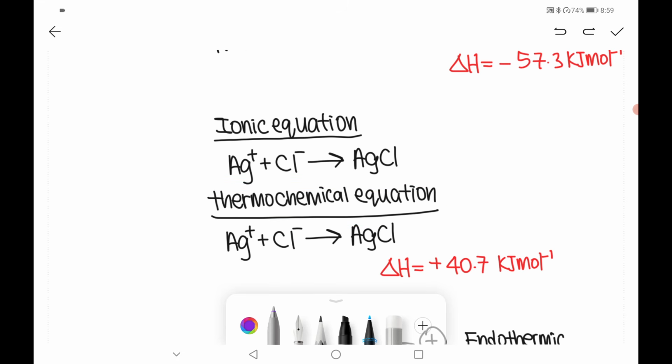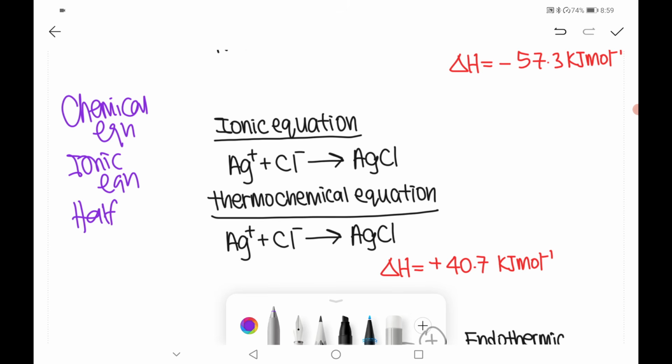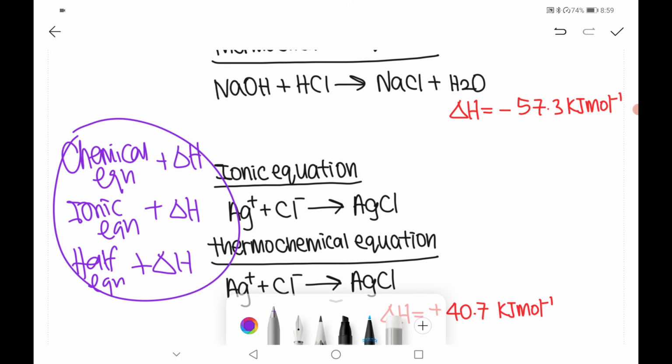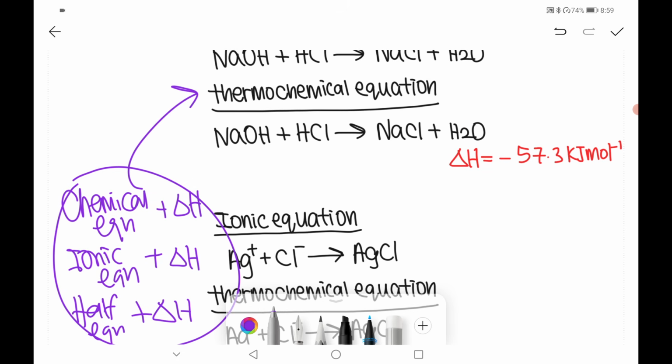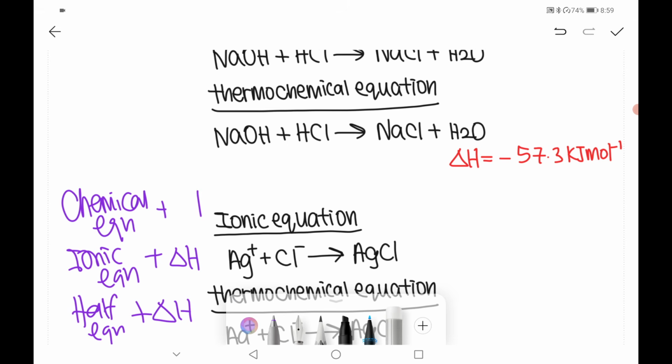So any equation that has delta H inside becomes a thermochemical equation. You might have a chemical equation, an ionic equation, or a half equation. If any of these comes together with delta H, then you call all of them thermochemical equations.